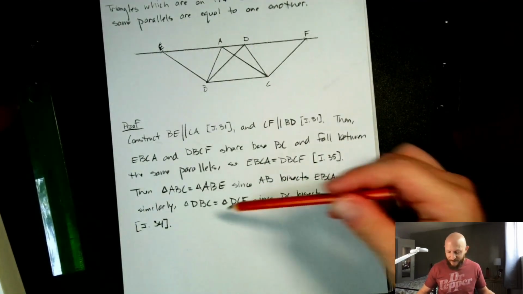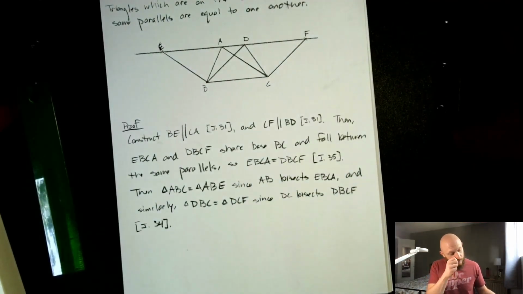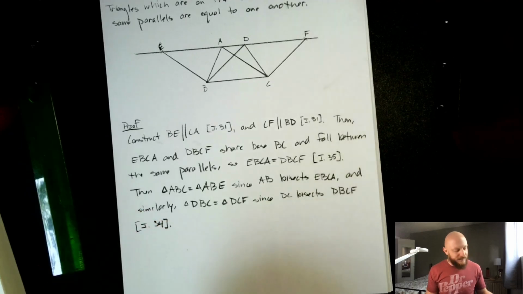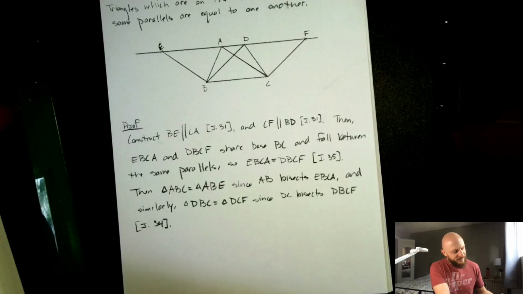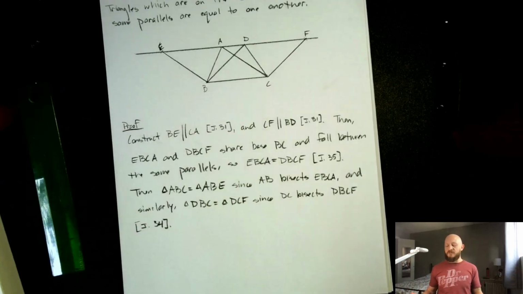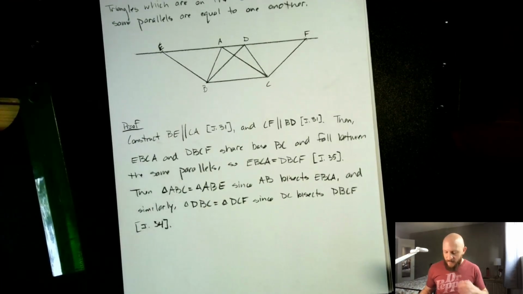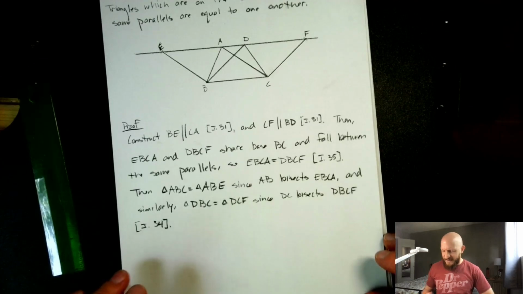After pointing out that DBC is half of the parallelogram DBCF, and there's a line written in angle brackets, meaning it has been added by later authors. It wasn't in Euclid's original Elements, but he says, but the halves of equal things are equal to one another. That's the part in angle brackets. It concludes, therefore, the triangle ABC is equal to the triangle DBC, which is correct. But I want to fill in some more details to make that very clear.